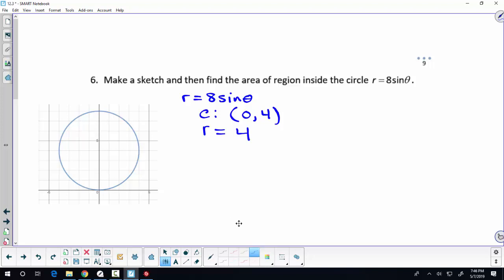Now, naturally, the easiest way to do this is just calculate the area of the circle. So let's use this to check. Here's our check that the work we're about to do is correct. The area of that circle is pi r squared.